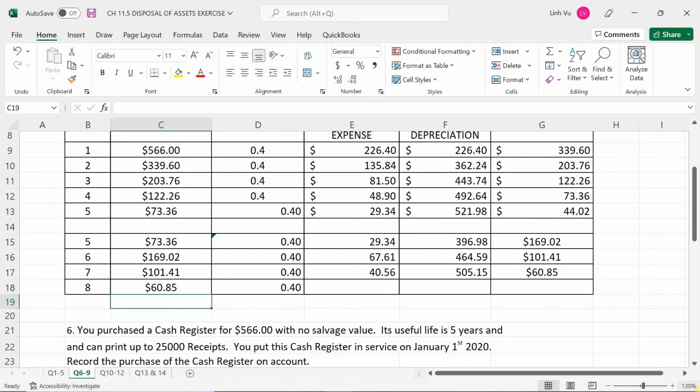Okay. So last one, for the 8th year, $60.85 for my basis. We're going to multiply it by my rate of 40%. So what is my depreciation expense for year 8? $24.34.